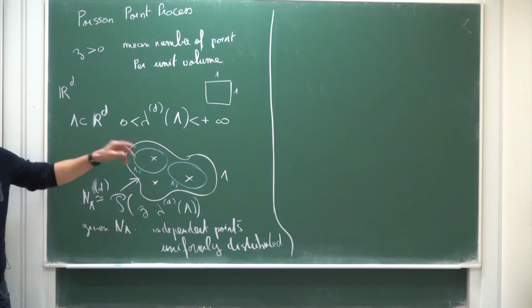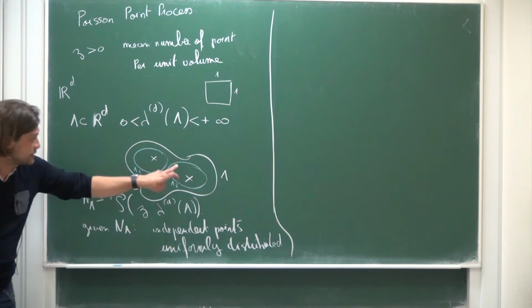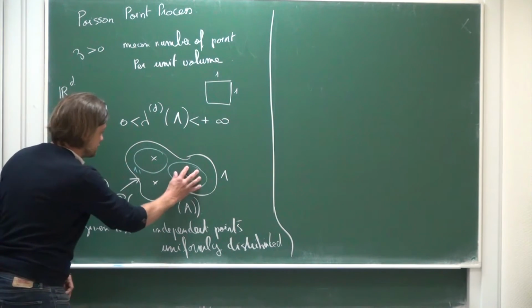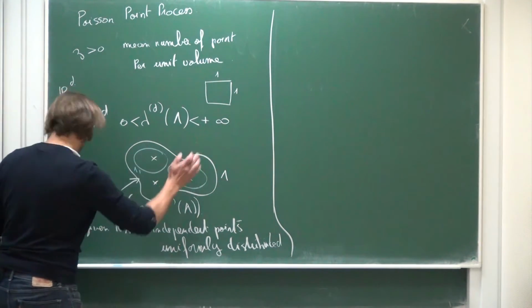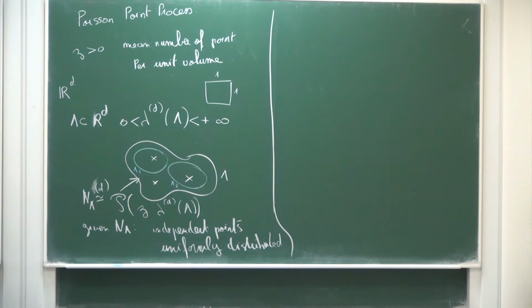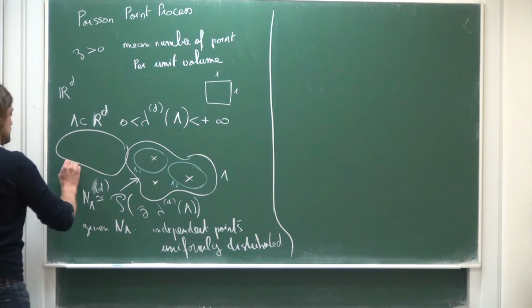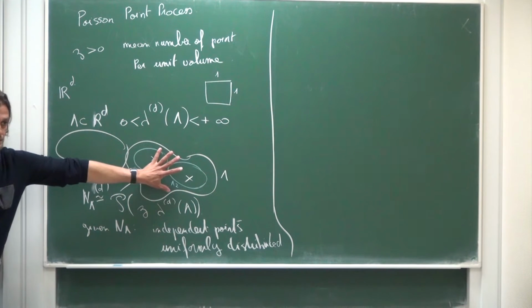So the construction is consistent. And what happens here and what happens here is independent. So this part and this part are independent. Now, when I have the construction here, for a larger box I consider another box here. I do the same, independently of that.